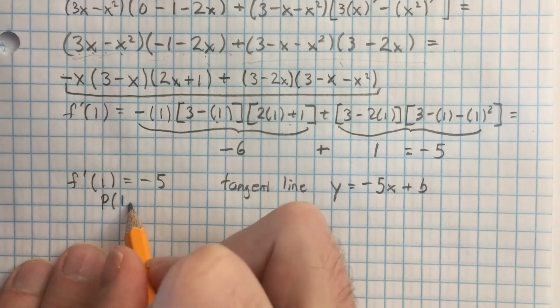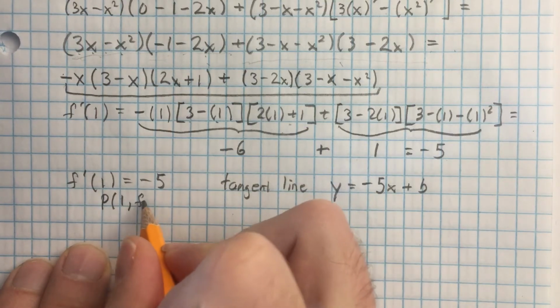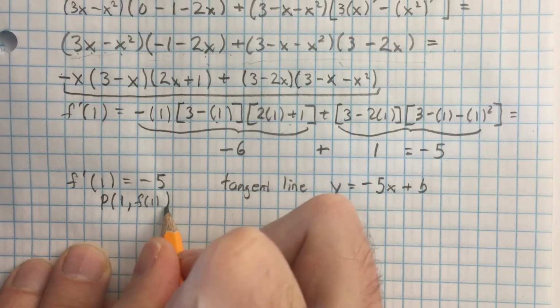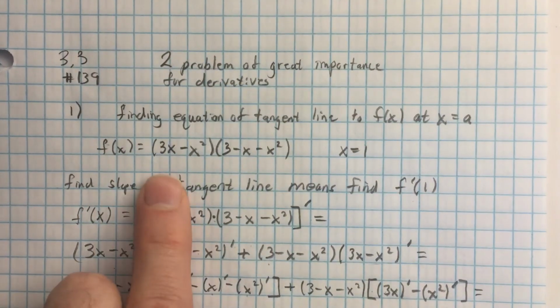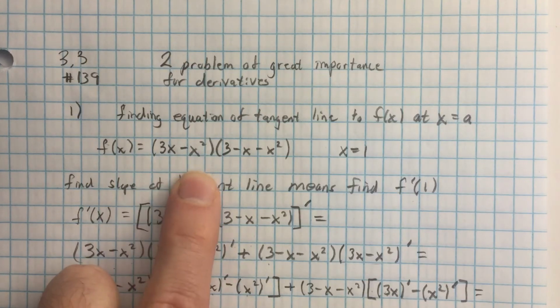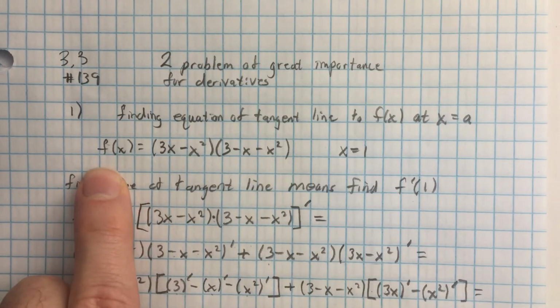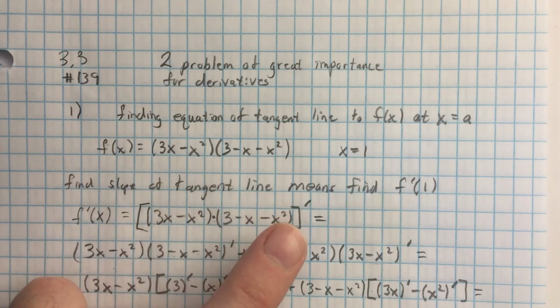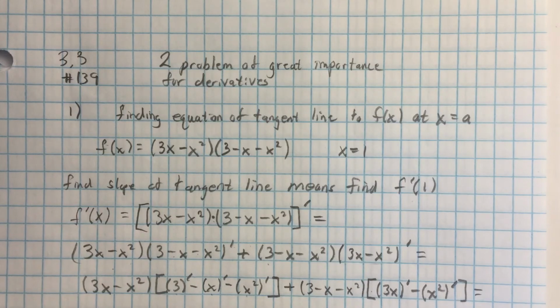So it's 1 comma whatever the curve value is, whatever the function value is, right? At x equals 1. That's the point on the tangent. Okay? So we look back at the original function. There it is, 3x minus x squared times 3 minus x squared. We need to find f of 1 to get the corresponding y value for x. And that point is the one shared with the tangent line.